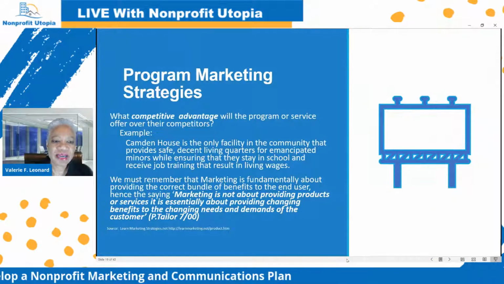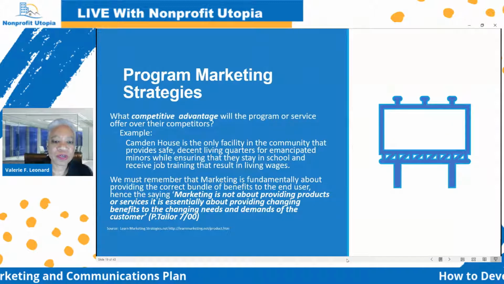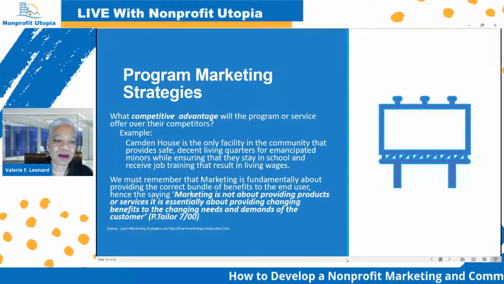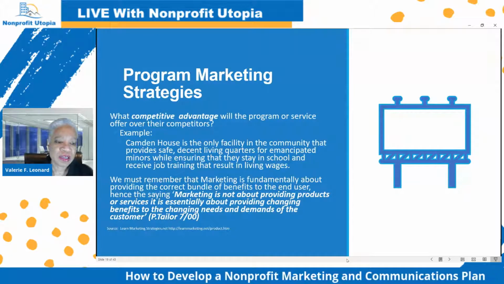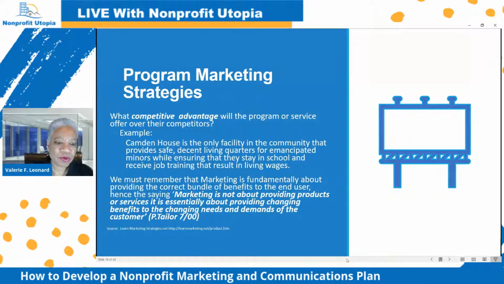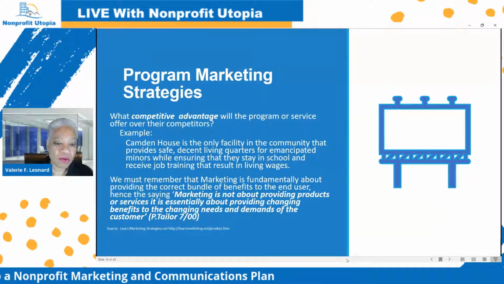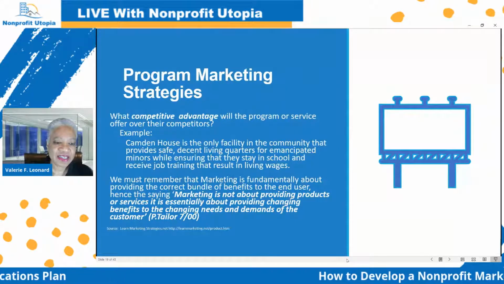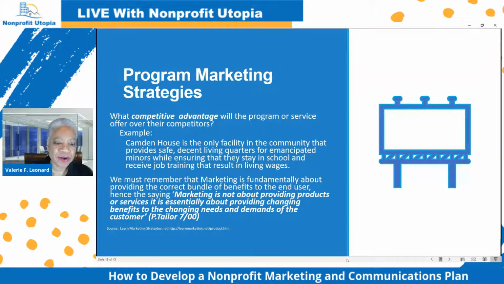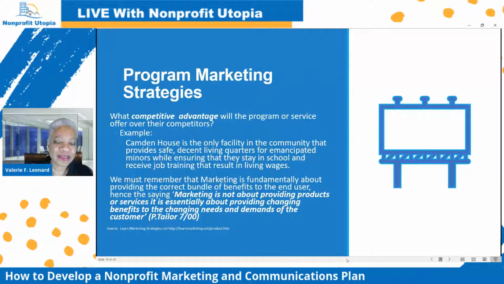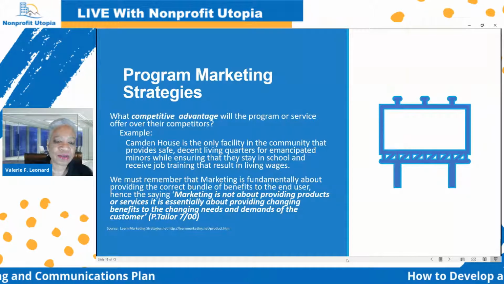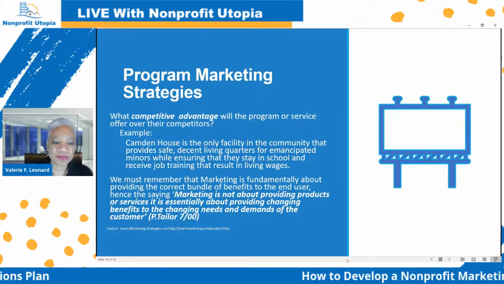So, what competitive advantage will your organization, your program, service, or product offer? So in this example, we've got the Camden House is the only facility in the community that provides safe, decent living quarters for emancipated minors while ensuring that they stay in school and receive job training that results in living wages.